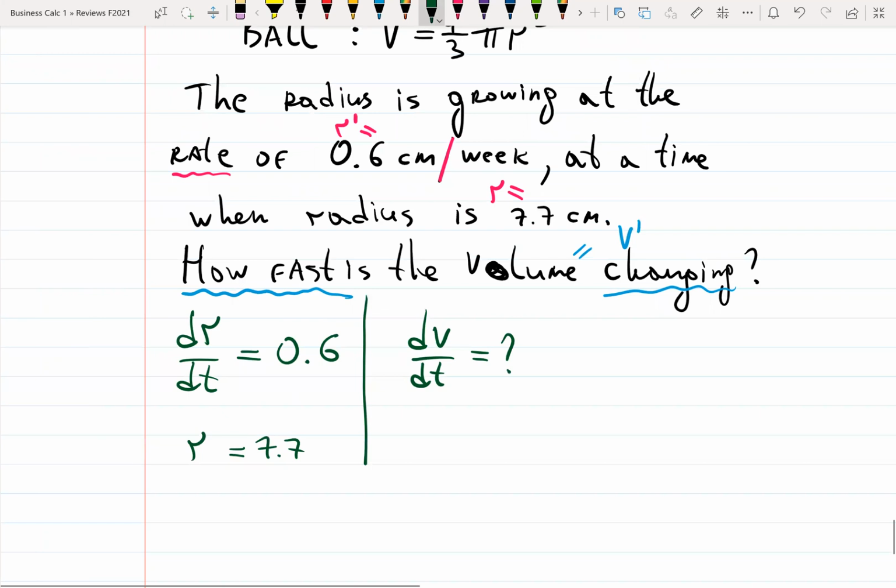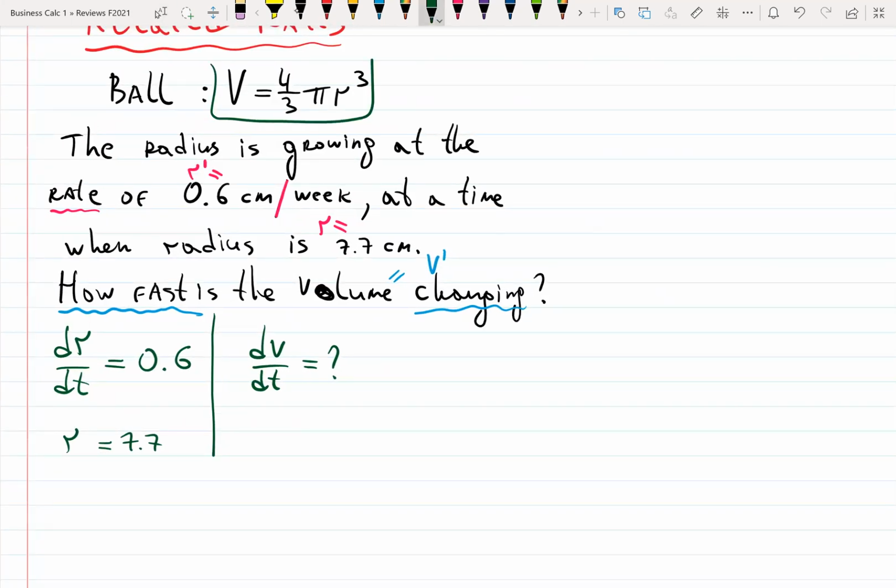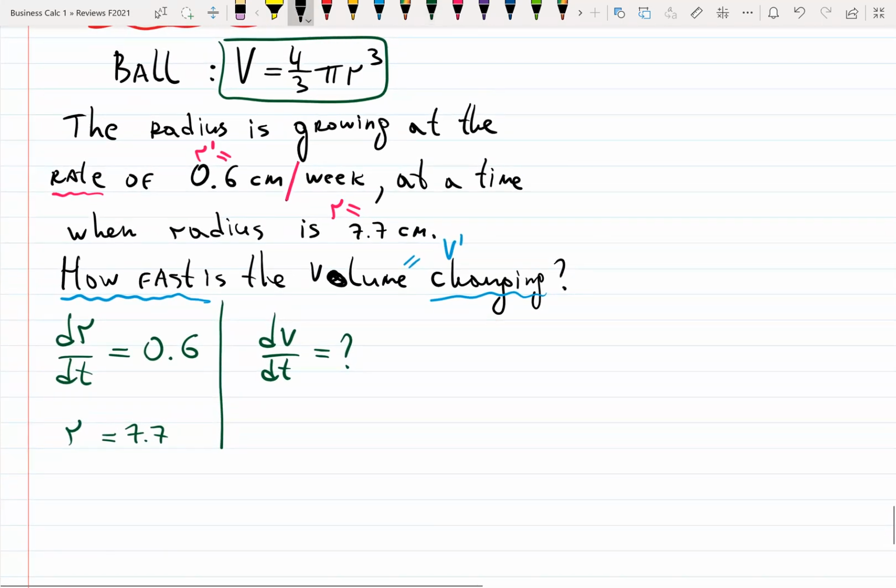The moment you see that these are related rate problems, you locate the formula and differentiate it, using implicit differentiation, by the way. This is why this problem always goes after implicit differentiation. Because again, you treat both functions like functions that are related with respect to t. So actually it is V of t equals 4/3 pi r of t cubed.